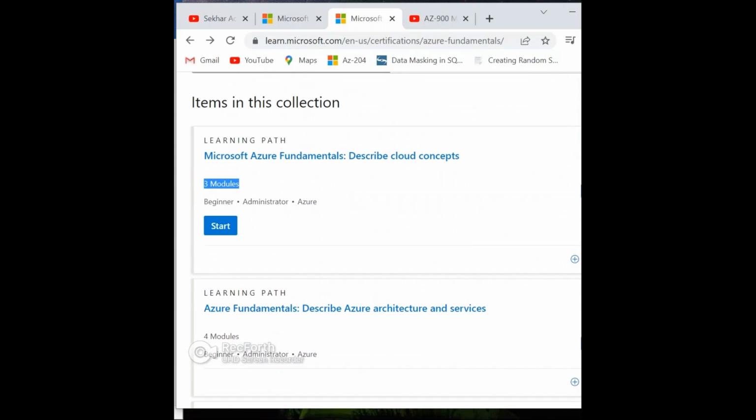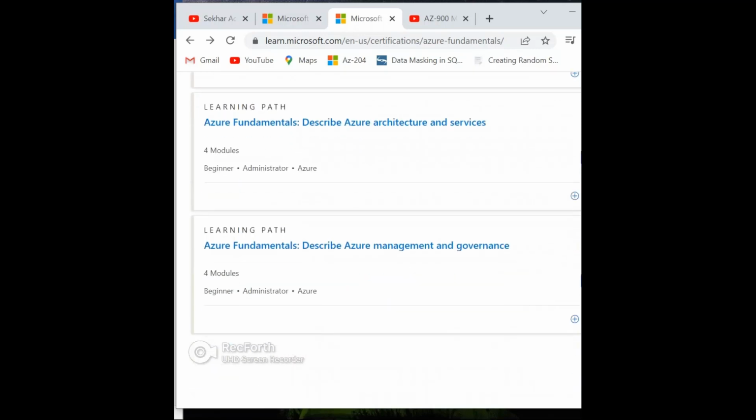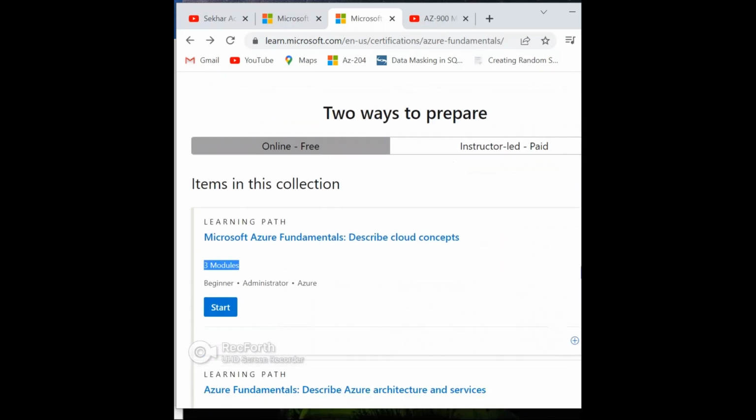This will give you more details about each and every service available in Azure, what the cloud is and why we are choosing cloud, what services we have and how we are going to utilize them, what the structure of Azure is, what support facilities we have, and what management and governance facilities we have.